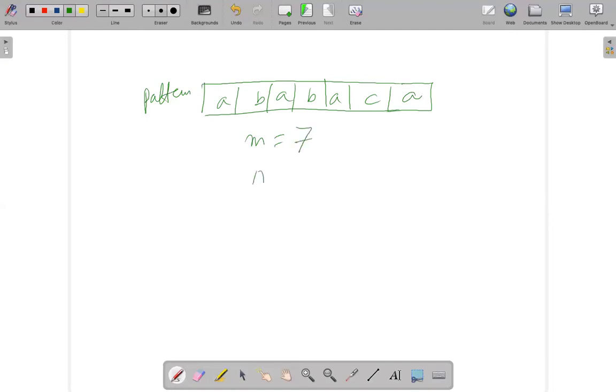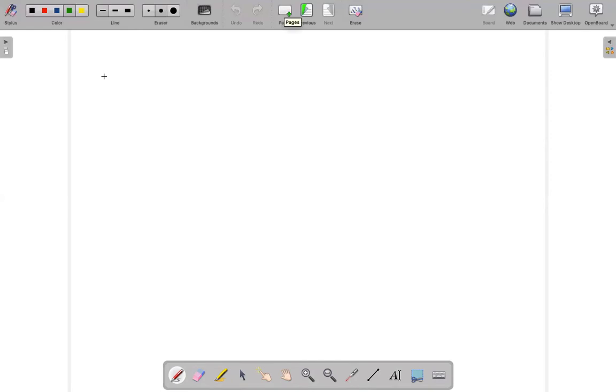Pi 1 is 0 and k is 0. Now with these values you start traversing. We will write step by step what is happening. Step 1.